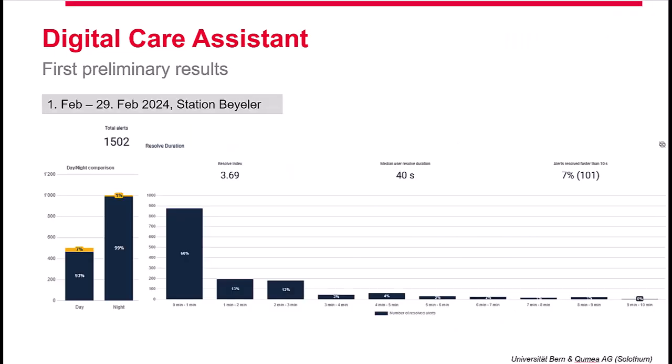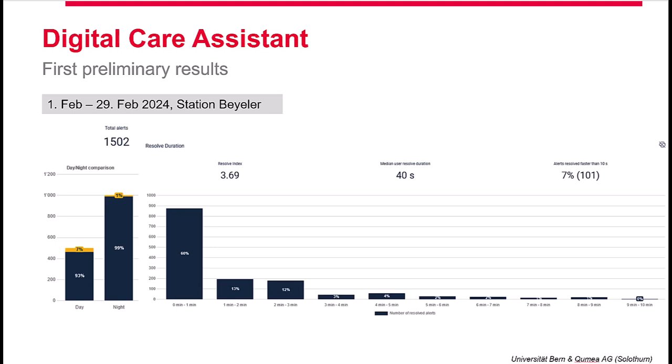I have here some very first preliminary results. This is data that was collected in February, and you see that in this example, the system has created 1,500 alerts in these months. 1,000 alerts happened during the night and the other 500 during the day.